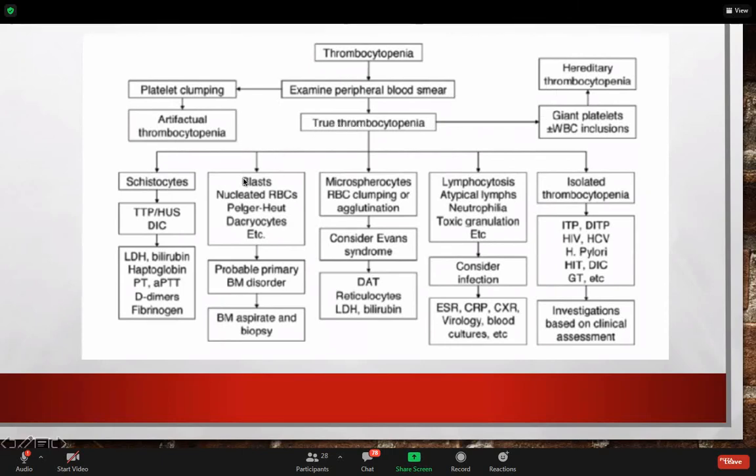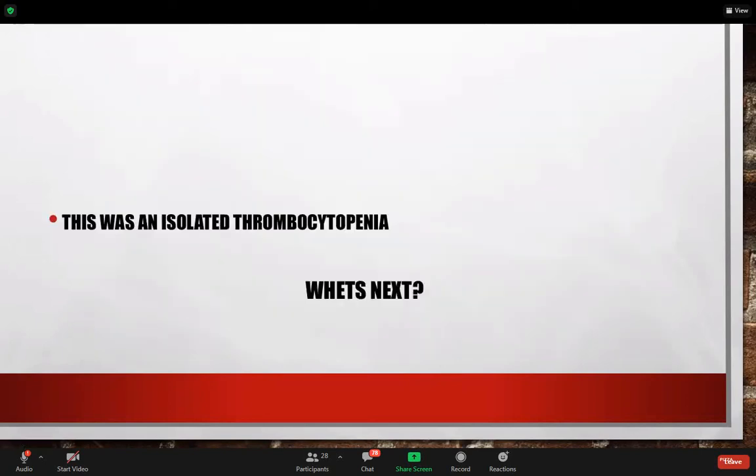But if all these are negative, based on the blood film and smear, we can call it isolated thrombocytopenia.